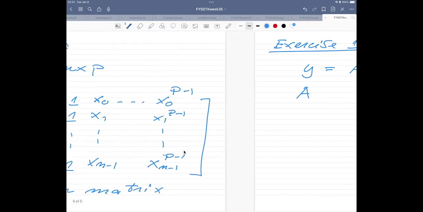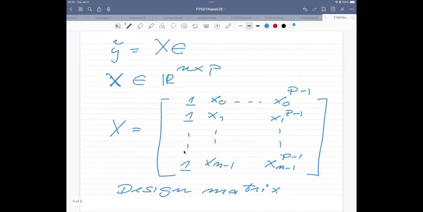If you now look back at this expression here, the matrix X does not depend on the unknown parameters theta. That's important. This is the reason why we have a linear model, because the X matrix is independent of the unknown quantities. And this feature allows us to find an analytical solution.